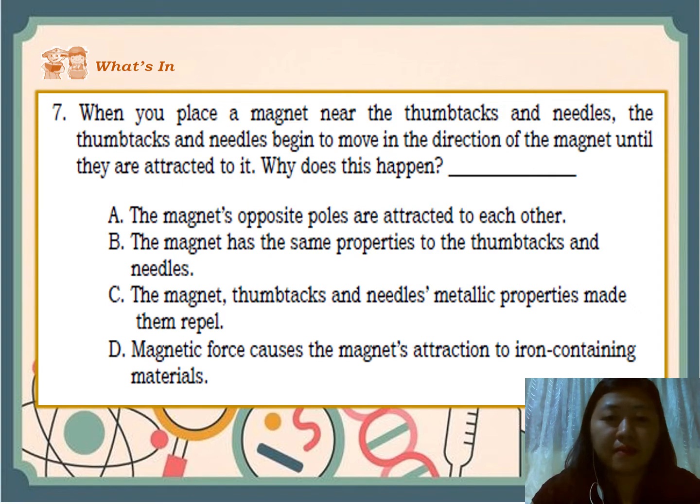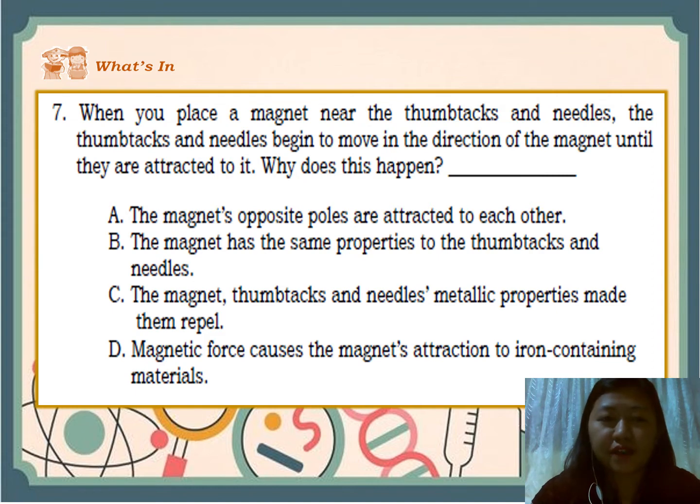B, the magnet has the same properties to the thumbtacks and needles? C, the magnet, thumbtacks, and needles' metallic properties made them repel. Or letter D, magnetic force causes the magnet's attraction to iron-containing materials.